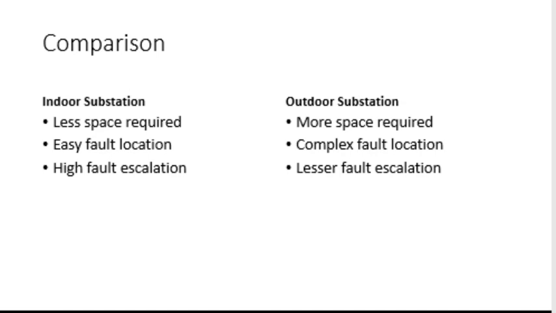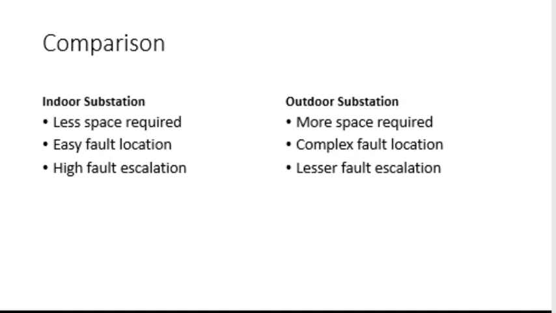So all the equipments will be very near to each other, because we have the gas to insulate it. But in the outdoor substation more space will be required, because all the equipments will be situated at a sufficient distance, because air will be there for the insulation.